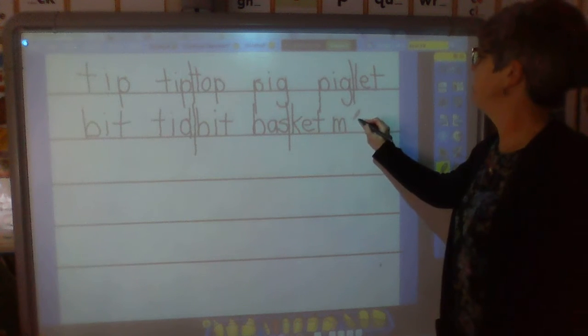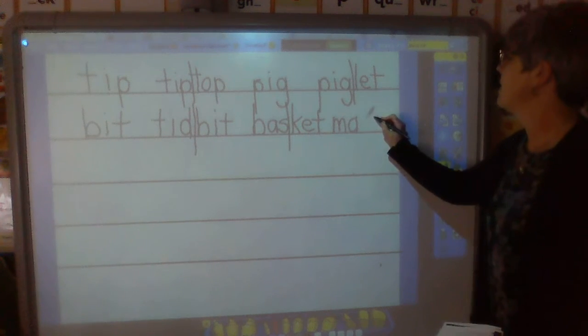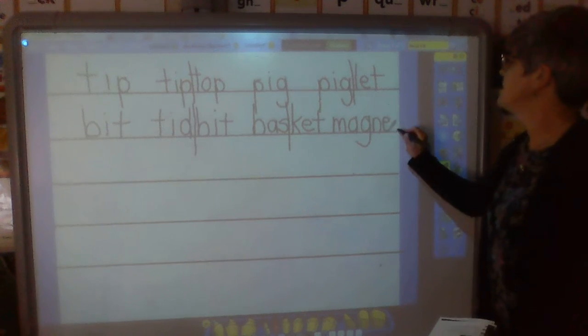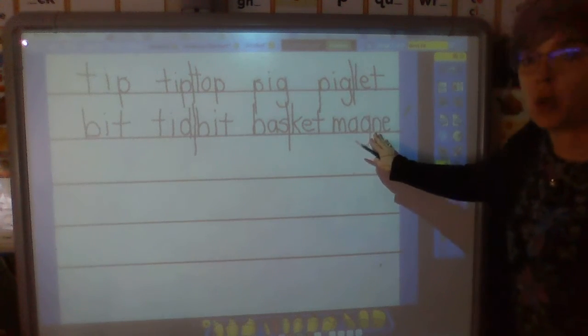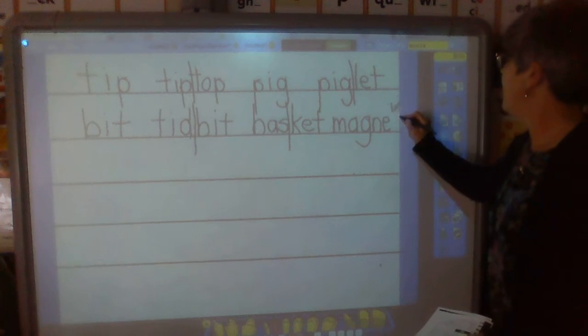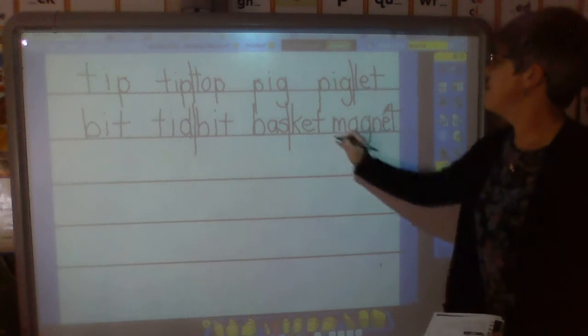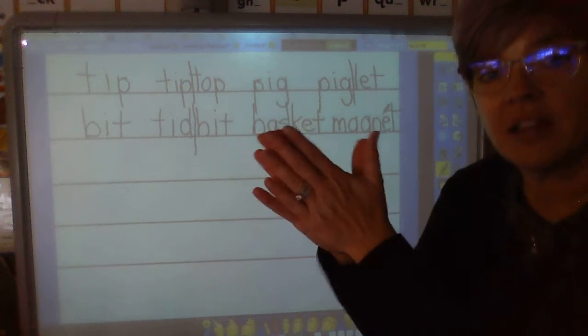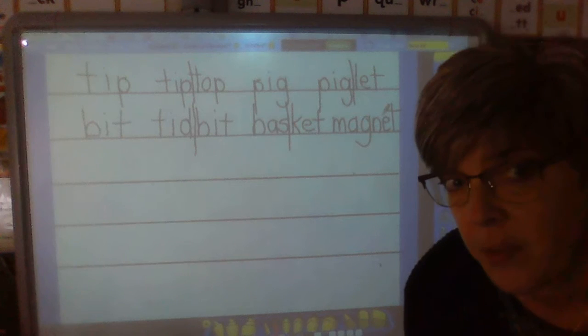Sound: muh, sound: ah, sound: guh, sound: nuh, sound: eh, blend and hold. Magnet, magnet. Clap that word out. Magnet, two syllables, right? Look for the pattern.